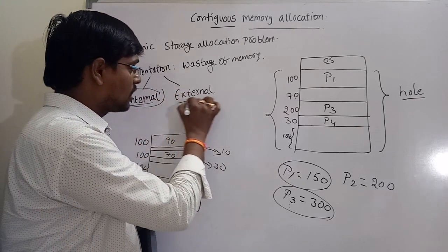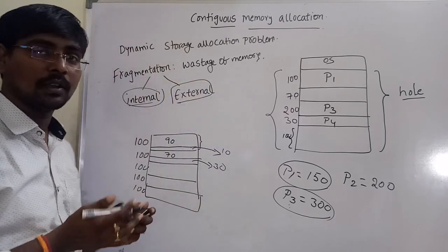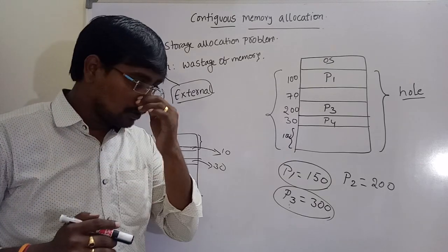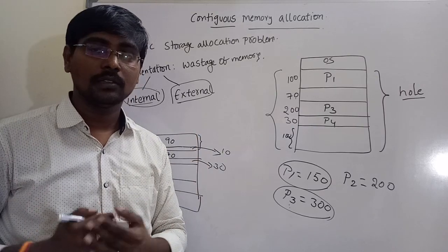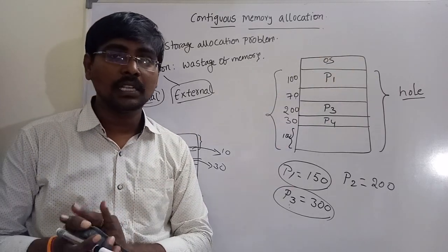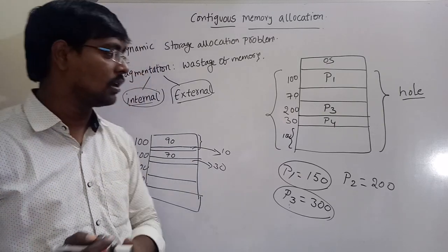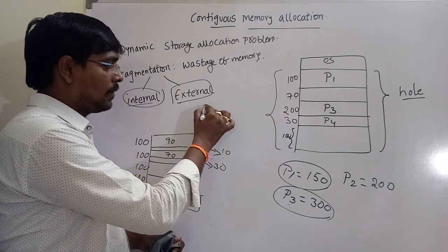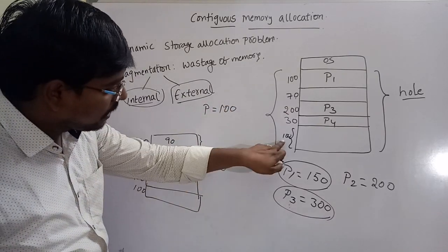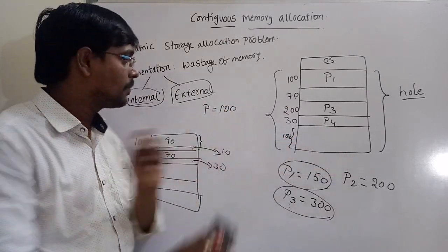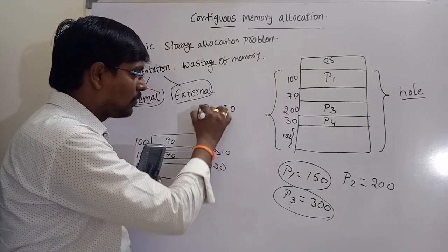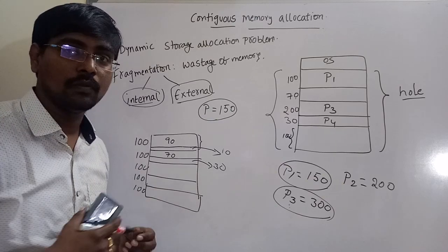Now move to external fragmentation. This is the important one. What is external fragmentation? Suppose the required memory is available, but it is not contiguous. For example, I have a process of size 100. 100 is available, so simply allocate. If I want to store a process of size 150, what will we do?